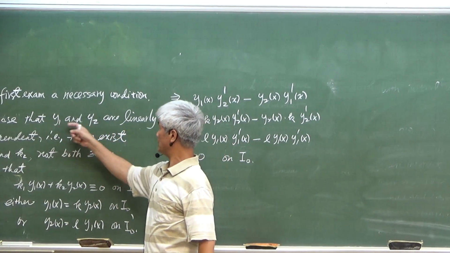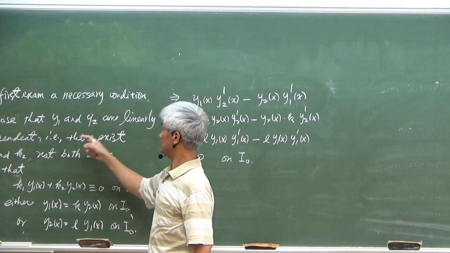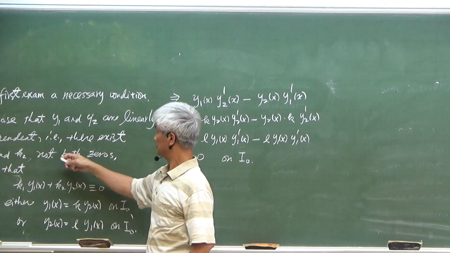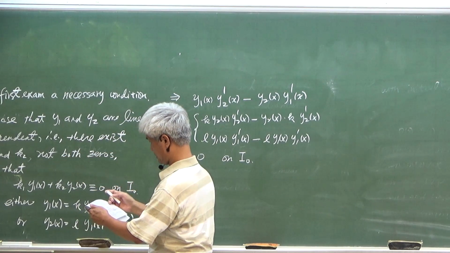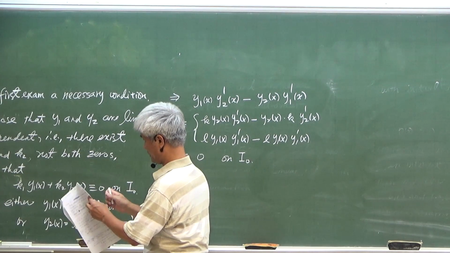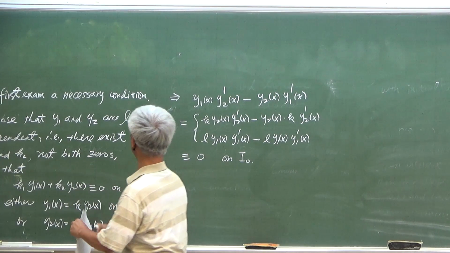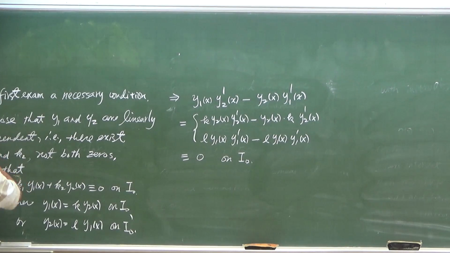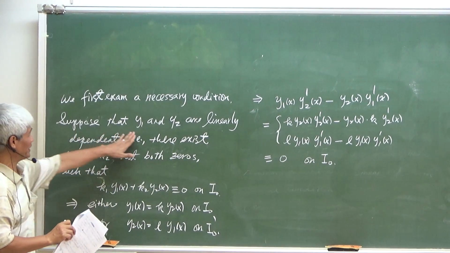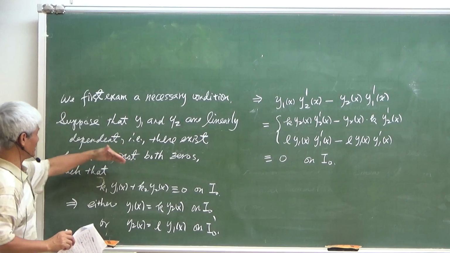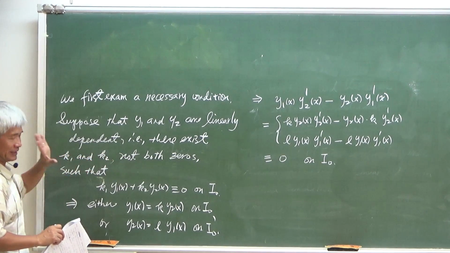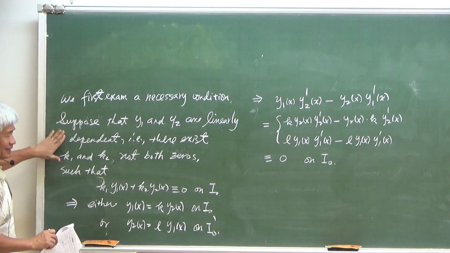So suppose Y1 and Y2 are linearly dependent. I'm sorry, this should be dependent, not independent.